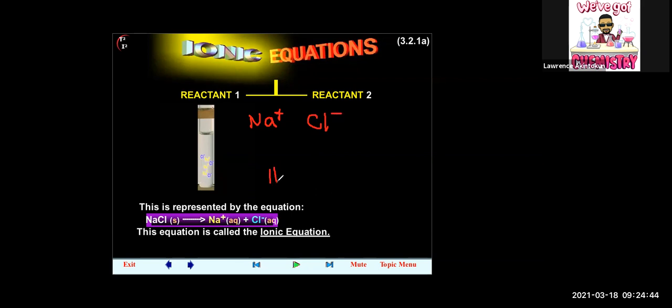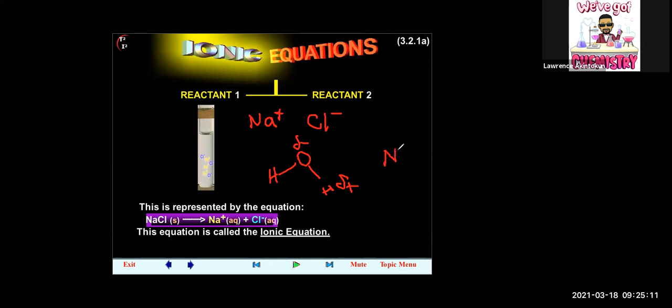Now, water, in its own case, has this structure, right? This is partially negative, partially positive. So in the presence of this sodium chloride, what happens? How do they separate? How are they dissolved? Now, the orientation is like this.